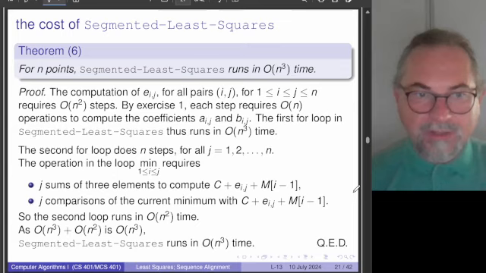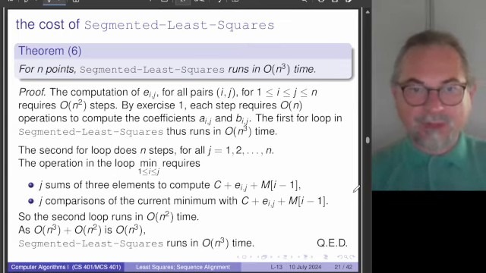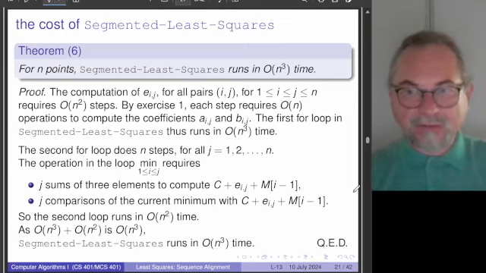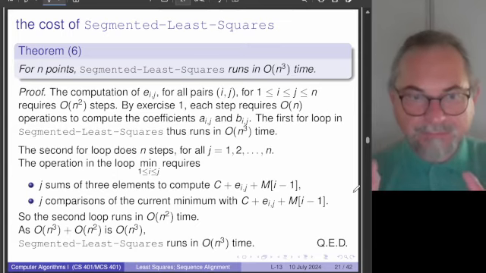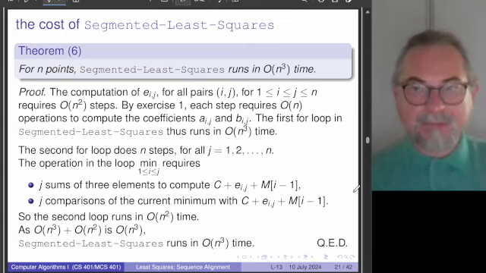So in the argument of the minimum, we have a constant number of operations, so 2 additions, and we also have the comparisons. Now, 3 elements summing up, but we're taking the minimum that can have j comparisons, where j runs from 1 to I minus 1.